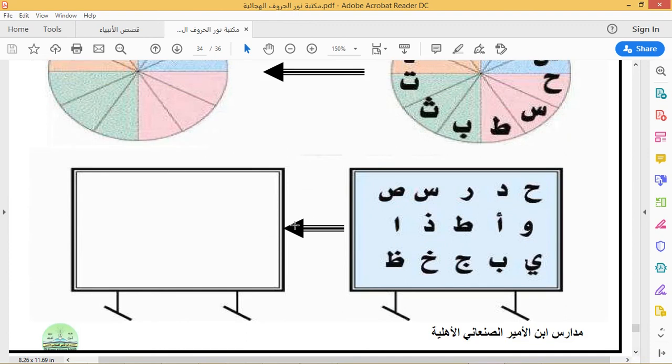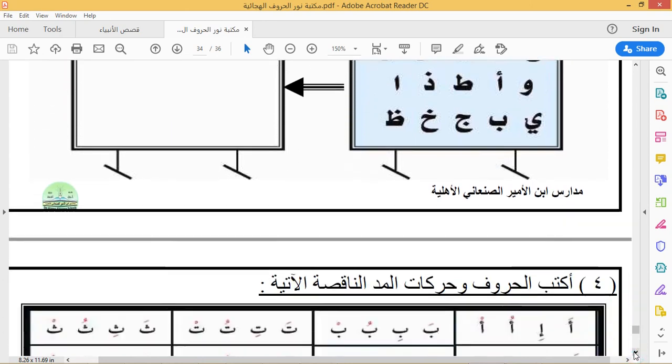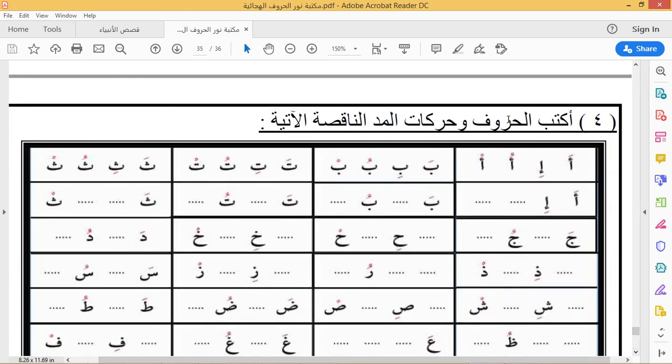So the ha, you write it back onto this virtual board you have here. And then this one too, you write it back, completing as you have done here. This alif hamza fatha a, alif hamza kesra e, alif hamza damma u, and alif hamza sukun. So you write it back as you have it down here.